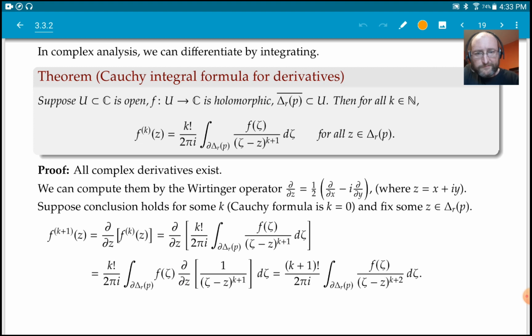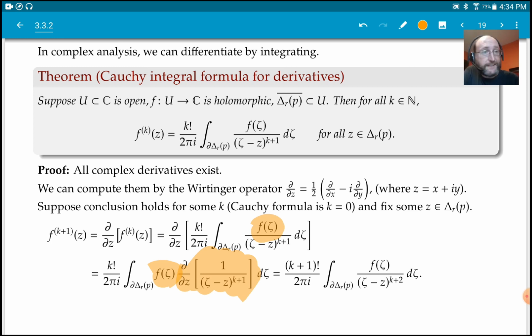If we could do that, then notice that the z derivative doesn't really care about this f of zeta, right? Because it's differentiating in z, right? So there's no z here, right? So that's just a constant as far as the derivative is concerned. And so it only falls on this kernel over here, right?